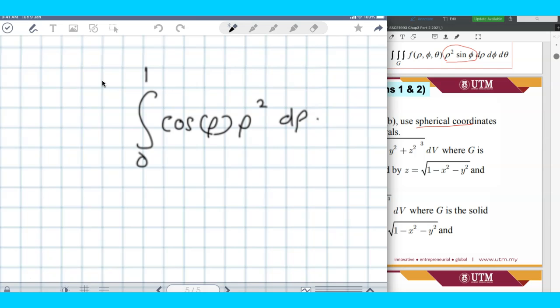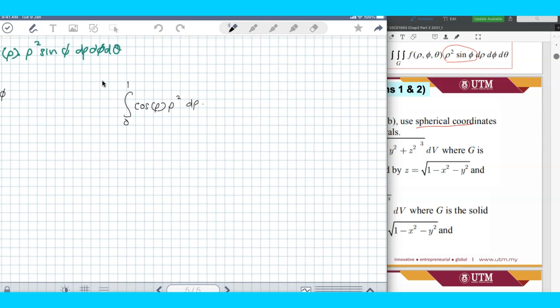Okay, what kind of integration technique is applicable here? It looks like we can use integration by parts or the tabular method. I'm using the tabular method. Rho squared is a polynomial, cos rho is trigonometric, so this one is to be differentiated and this one to be integrated.